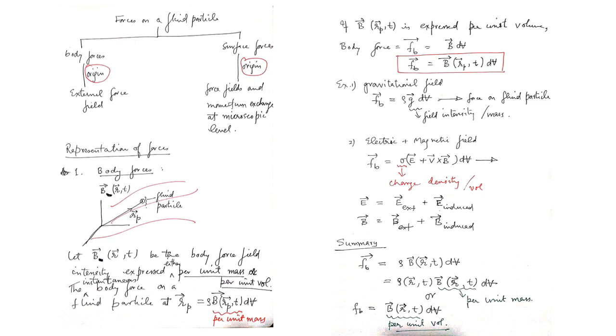Now explicitly I have indicated that rho can be a function of R and T, and B is of course the force field intensity per unit mass, multiplied by the notional volume of the particle. Or if you are considering B on a per unit volume basis, then you don't need to include density here. You just have to multiply by the notional volume of the particle.